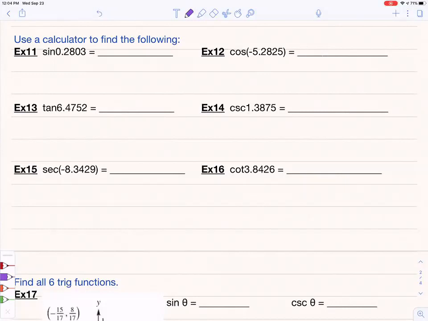See if you got the same thing. Okay, so look at your calculator screen and see how your calculator screen is.